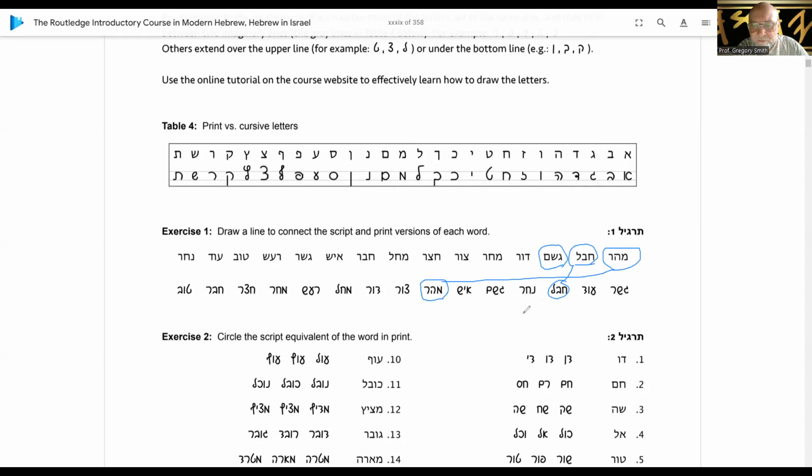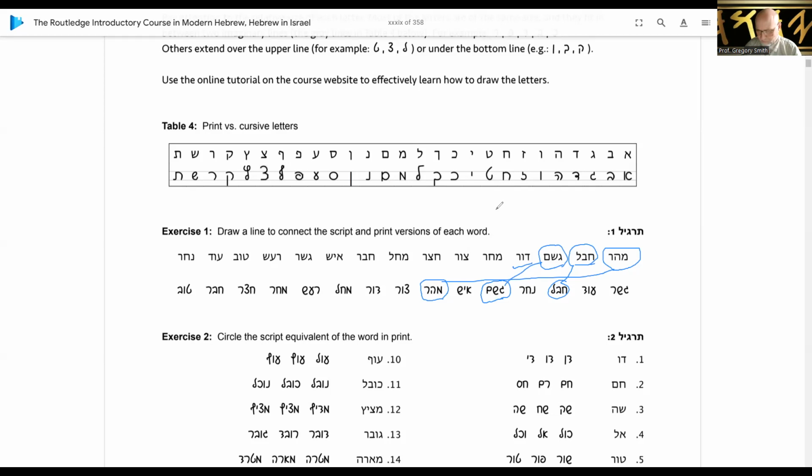So it's got to be this one here. Geshem. Let's remember that the sheen looks almost like an E. That goes with that. Geshem is rain. That's that one there.